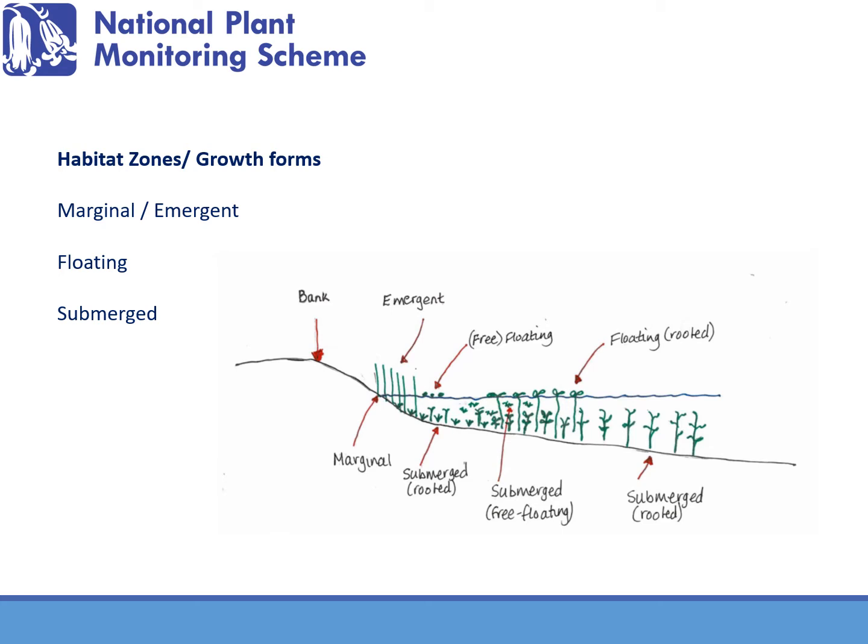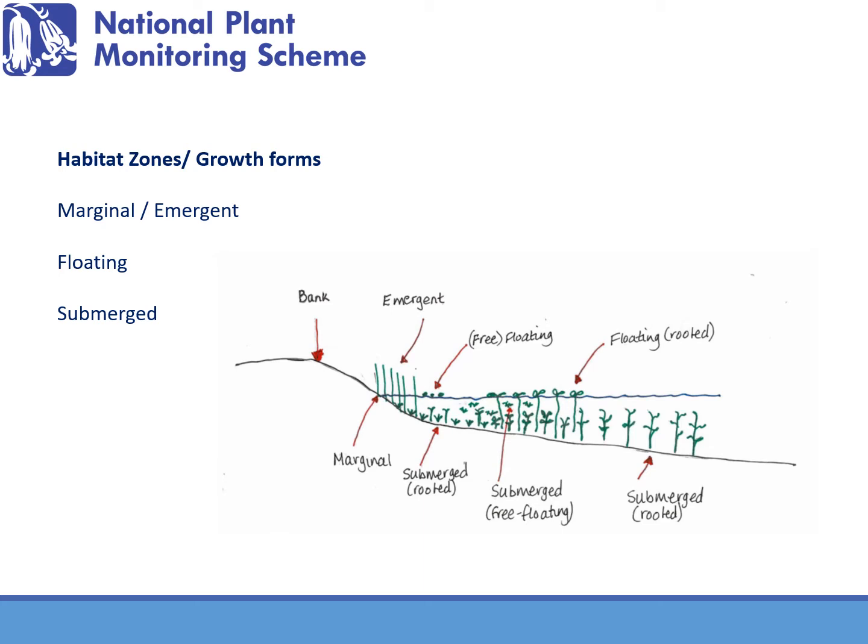Next, we have submerged plants, and these require to be almost always permanently below the water surface. They include submerged rooted plants, which are fixed, and the extent within the water body to which submerged rooted plants extend depends on the point at which light can still penetrate the water surface.